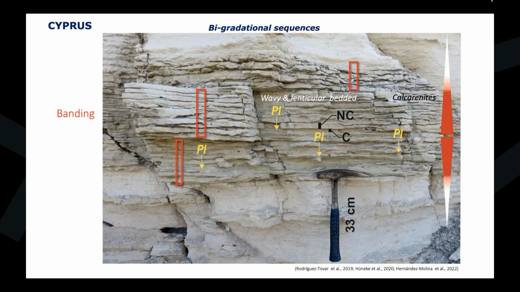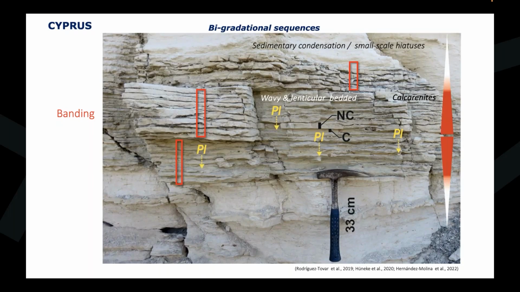So it is not that simple, with just coarser and then finer. There is some internal variability producing what we call layering or banding, and this variation in the thickness of the beds. All are criteria to identify contourite bigradational sequences in the field or using cores in a well.